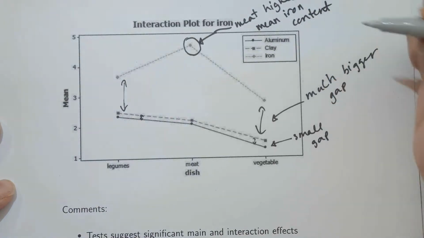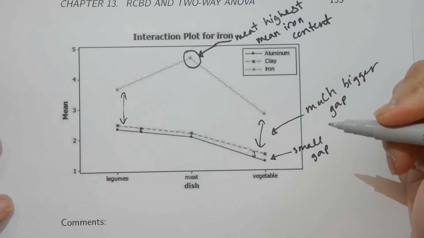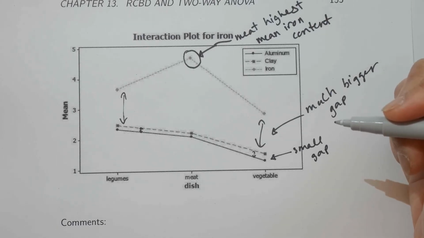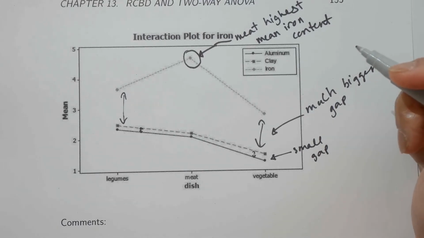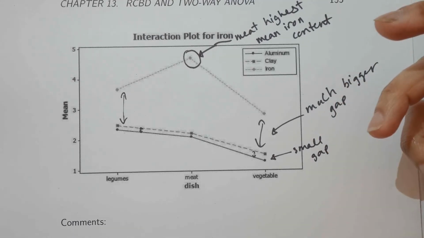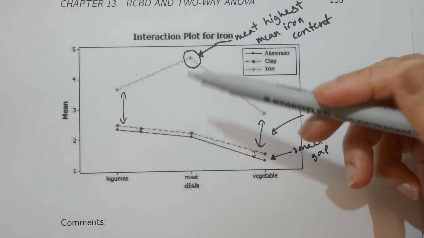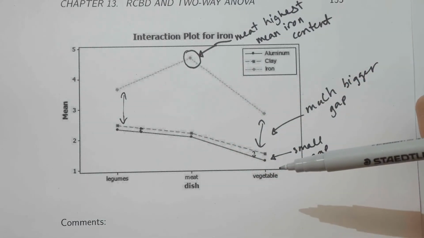in the cooked food. So this suggests that for whatever reason, maybe because meat might already be high in iron, and then when it's cooked in the iron pot or the iron pan, it's able to absorb more of the iron, regardless of what the chemical or physical mechanism. The meat seemed to have a higher mean iron content.